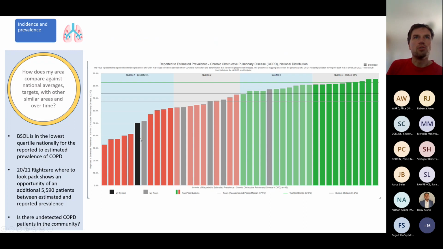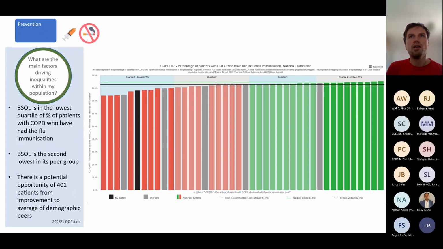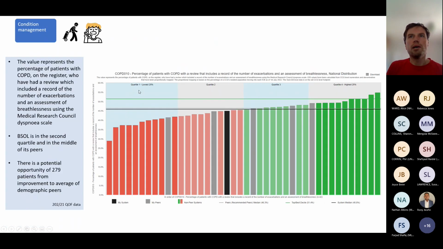The reported to estimated prevalence is quite low, which suggests that potentially there's a gap there, and so maybe there's an opportunity to find those people.